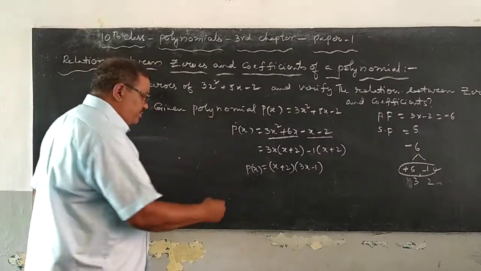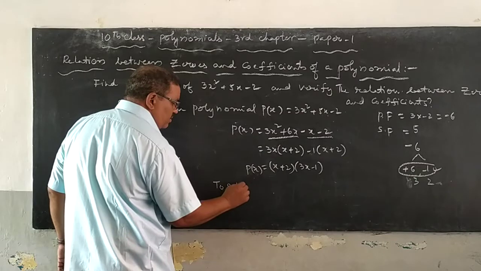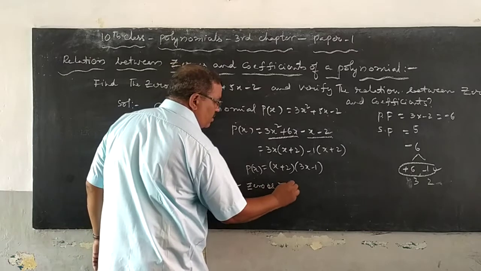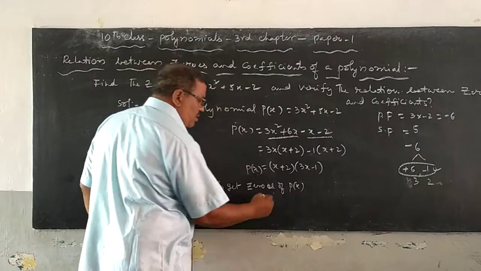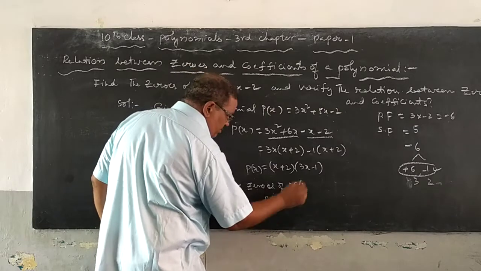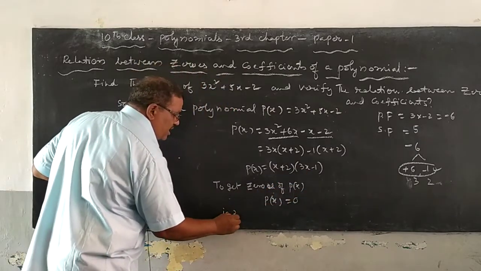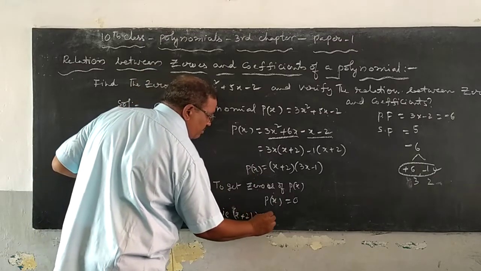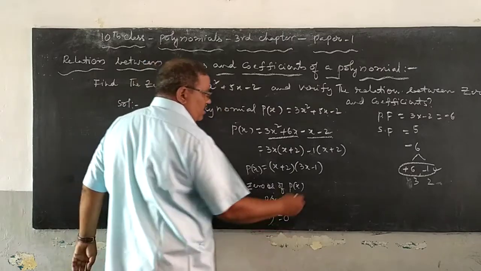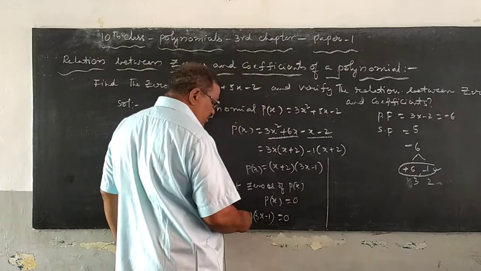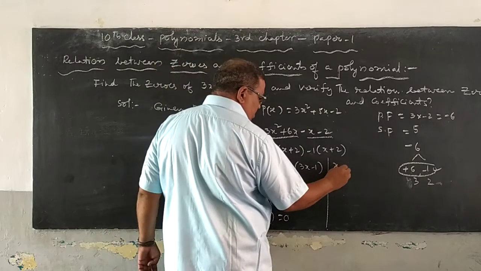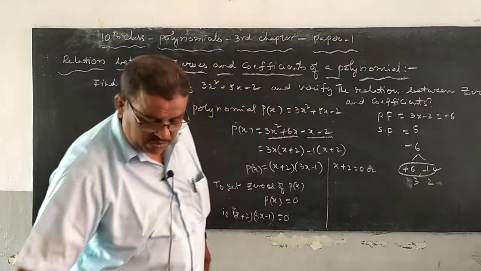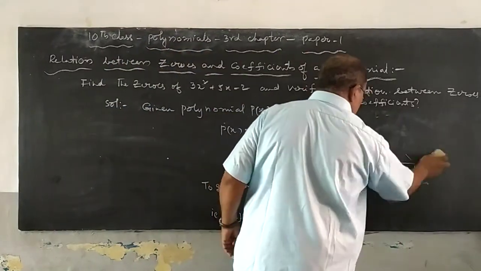To get the zeros of p of x, equate p of x to 0. That is, x plus 2 into 3x minus 1 equal to 0. That means the product of two factors is equal to 0, so either the first factor is equal to 0 or the second factor is equal to 0.